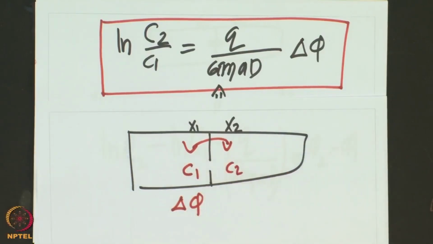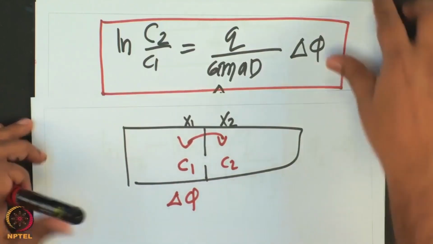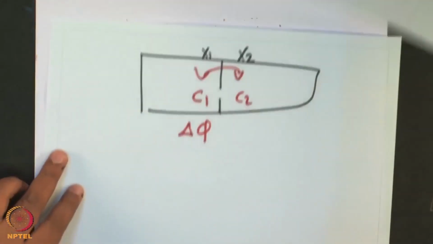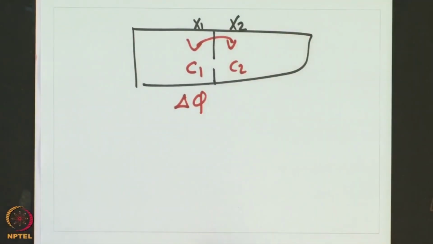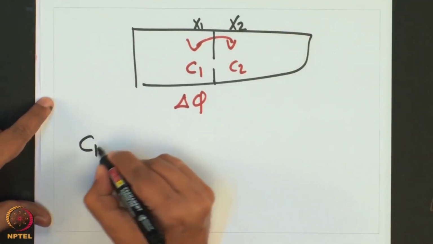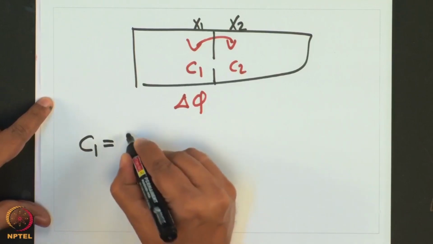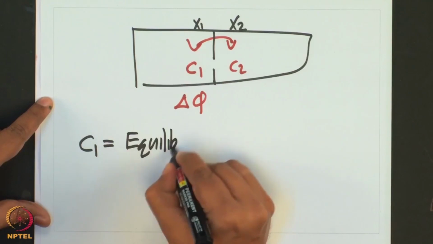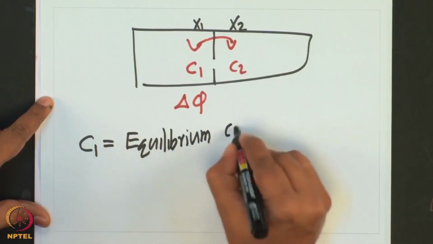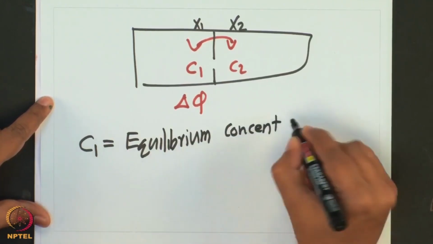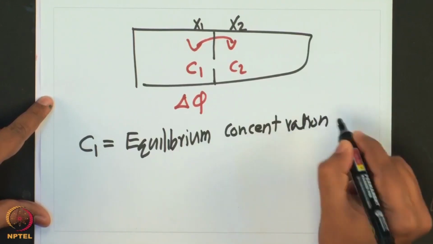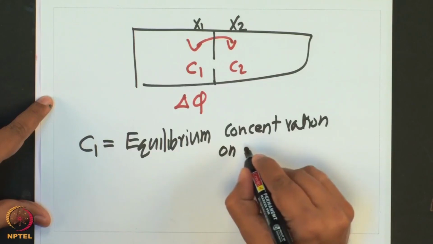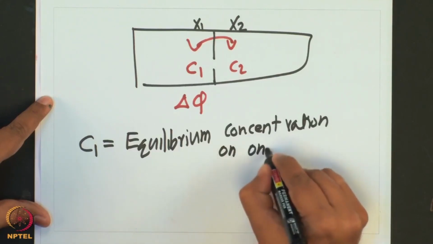Now, remember that C1 and C2 are the final concentrations after the current, when the system is in equilibrium. It is important to remember that C1 is the equilibrium concentration, which is different from C10, on one side.